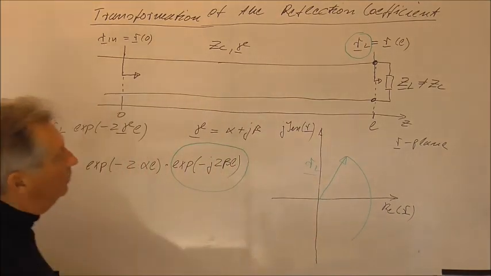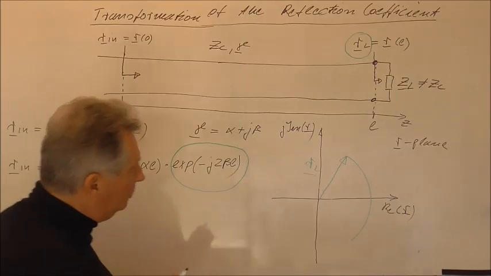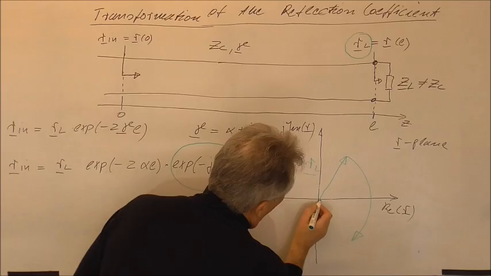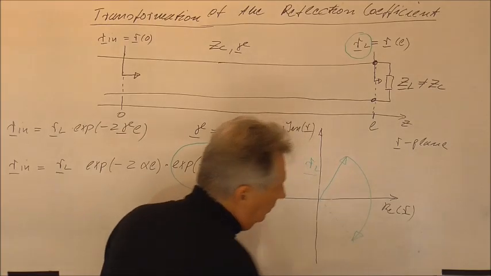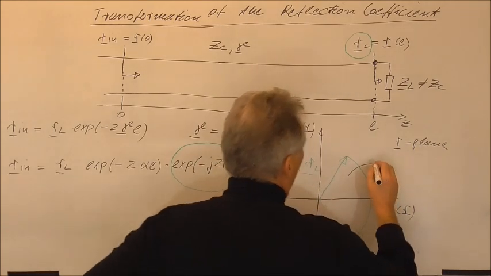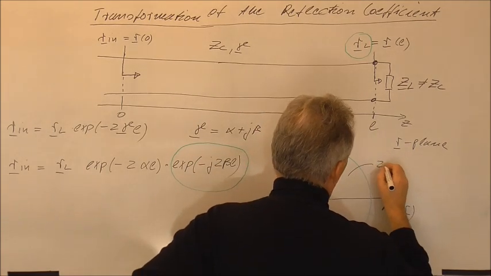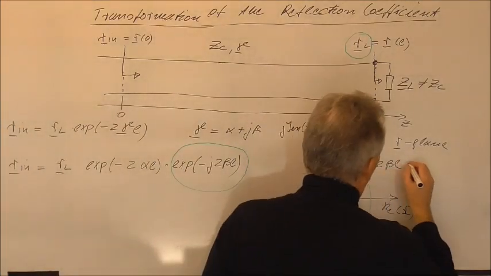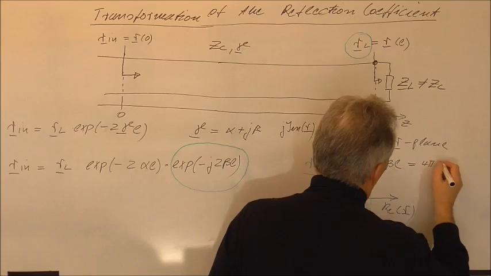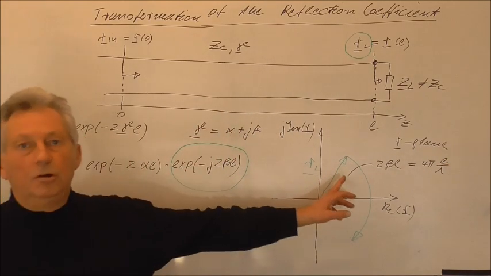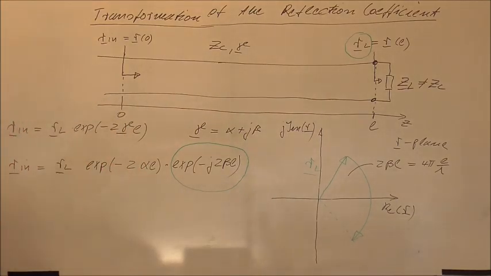This term will do a rotation in clockwise direction like this, where here occurs a certain angle, and the angle which here occurs will be 2 times beta L, which would be equal to 4 pi L over lambda. This is the angle of rotation in clockwise direction.